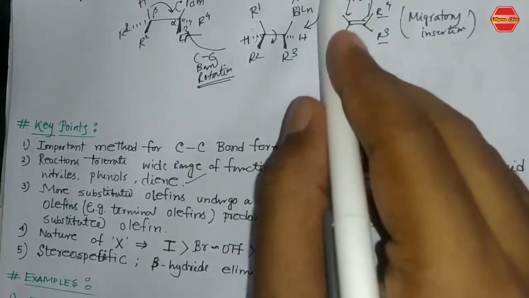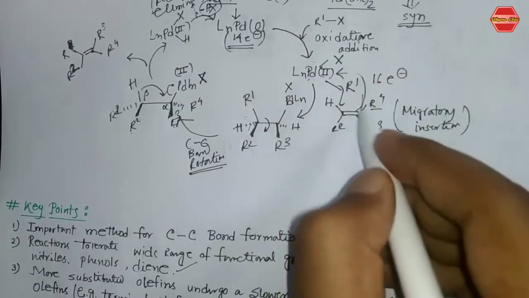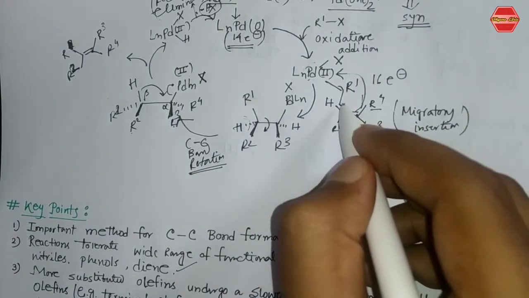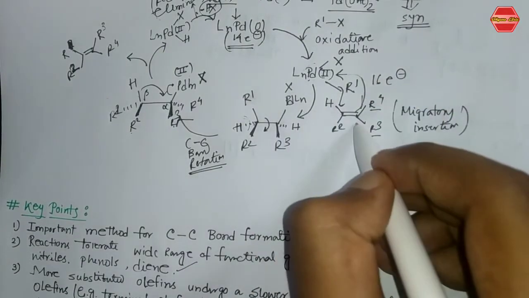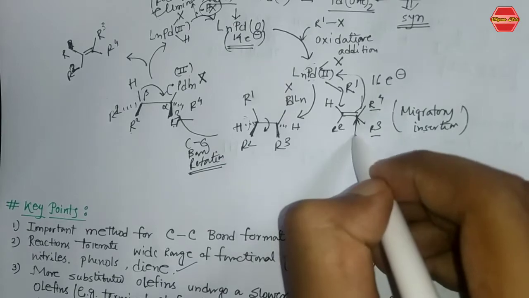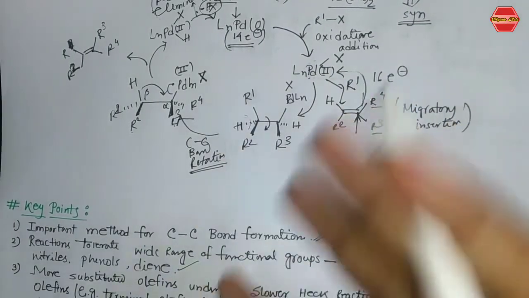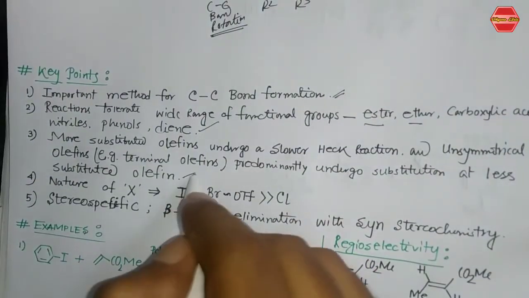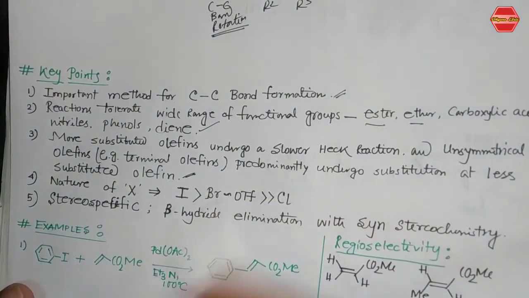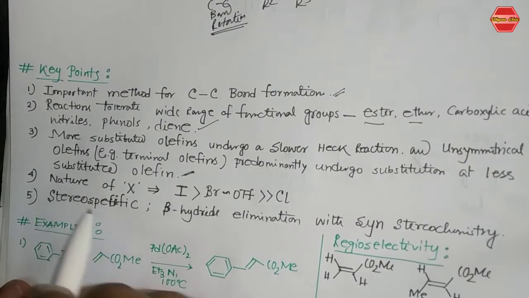So that is why this palladium is always attached to the more substituted end, where the electron density is higher compared to other centers. So this is the regioselectivity.